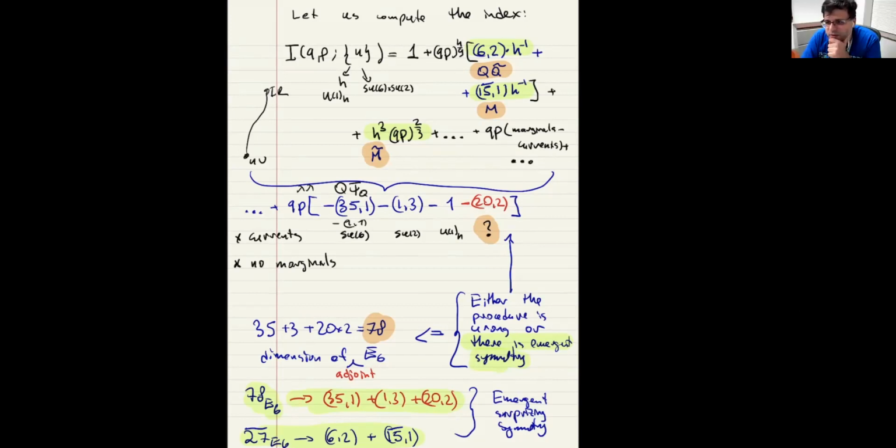I'm not sure I understand. No. Here, for the index, you also give this representation, 20 and 2 here. So in this page, where you compute the index, you list these representations.